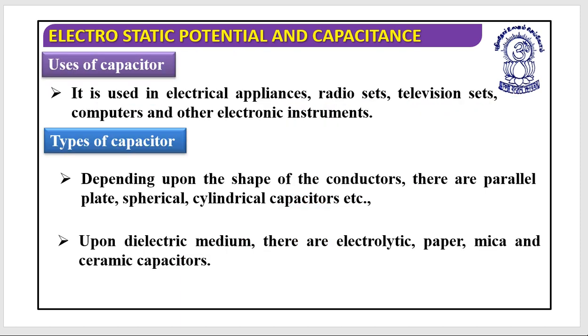Next, where do we use this? Use of capacitor. In every electrical appliance, such as radio sets, television sets, computers, other electronic instruments, you will even see them in tube lights and fans.